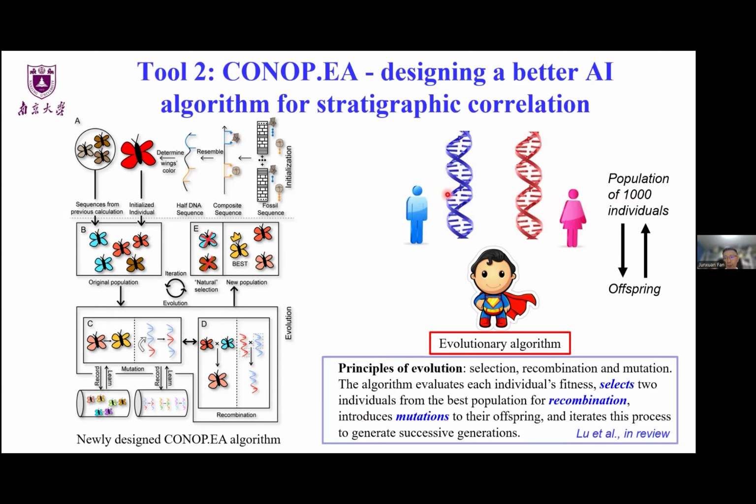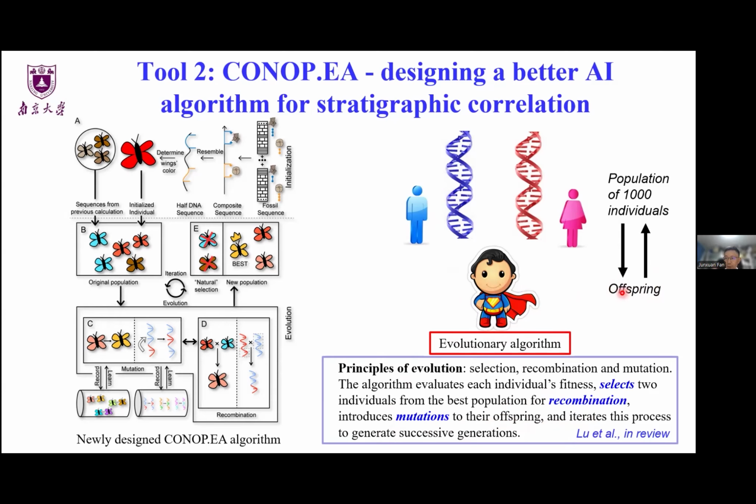That's called recombination. And then we introduce some mutation, some minor change on the resulting sequence, that means the offspring. We do this process many times, and we also evaluate the fitness of each offspring.